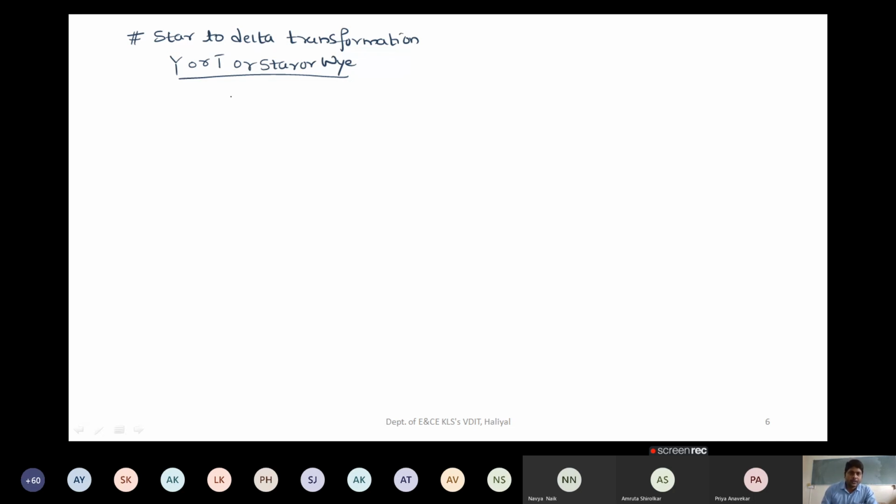Assume we have the things labeled like this: R1 connected to some node A, R2 connected to node B, and R3 connected to node C. We need to find its equivalent delta network.